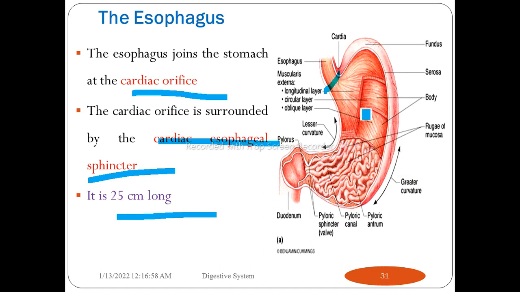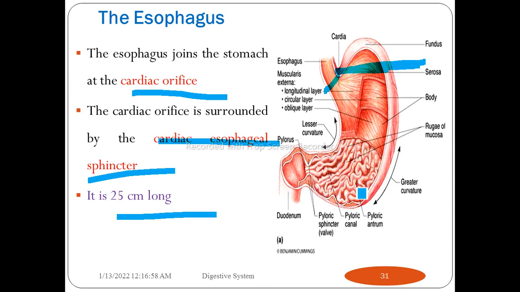This is the stomach, by the way. If you draw a line here, just like this, the structure above this line is known as the fundus. This one is the fundus. The outer layer is the serosa. This one is known as the body, whereas this area is known as the pyloric part.